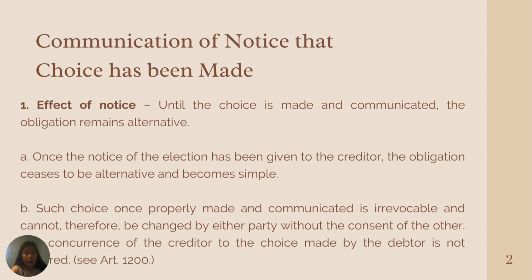So the concurrence of the creditor to the choice made by the debtor is not required. Okay, so where the choice has been expressly given to the creditor, such choice shall likewise produce legal effects upon being communicated to the debtor.